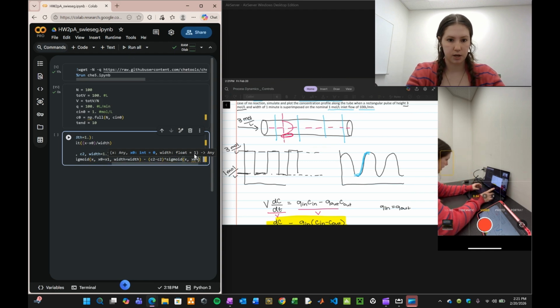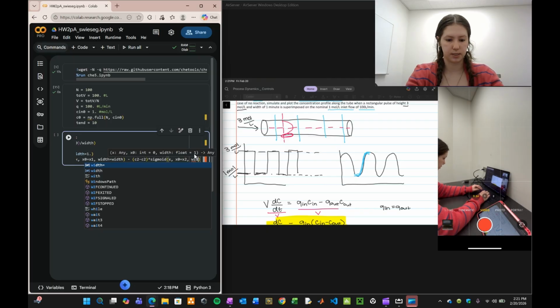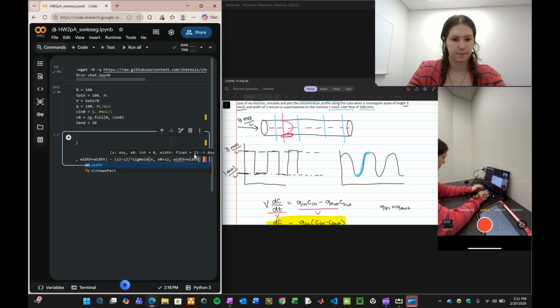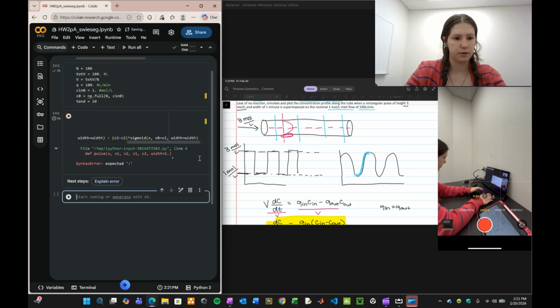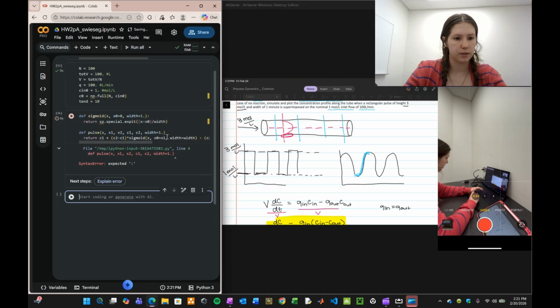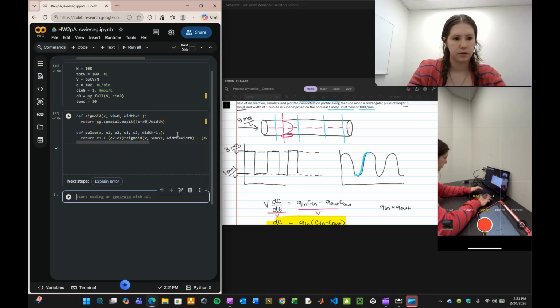So we're going to say x naught equals x2. And same thing, we're just going to say width equals width. And then I believe we can just press shift enter. Oh, I forgot a colon here. There we go.